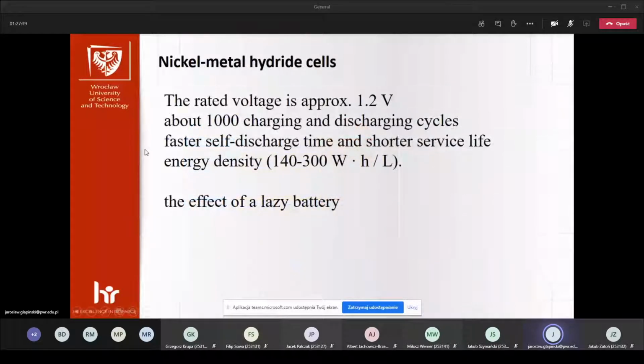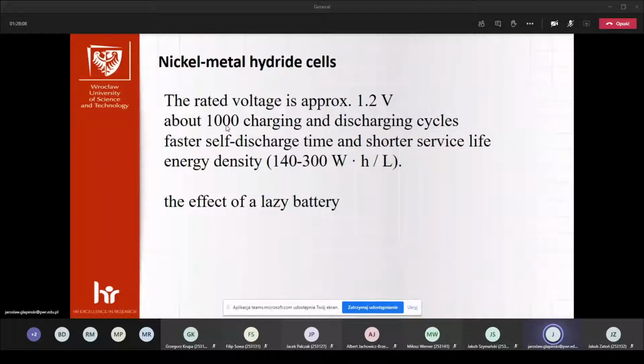Okay, what are the properties of nickel-metal hydride cells? The voltage is 1.2 volts, similar to the nickel-cadmium one. We can charge and discharge it similarly, 100 times, 1000 times.